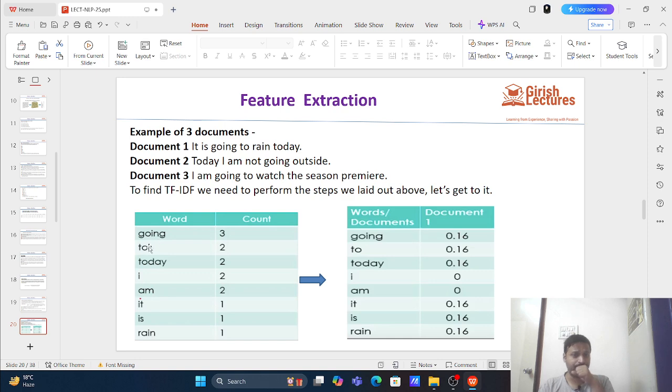If you consider, going has appeared thrice, to twice, today twice, I twice, am twice, and then it, is, rain, season, premiere, outside. There are some words which appear only once.